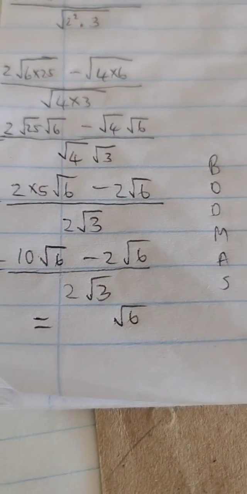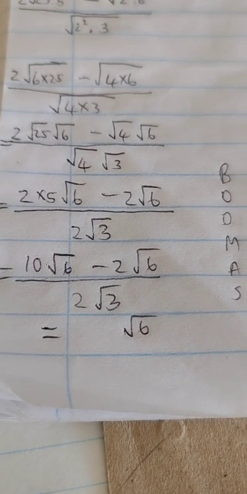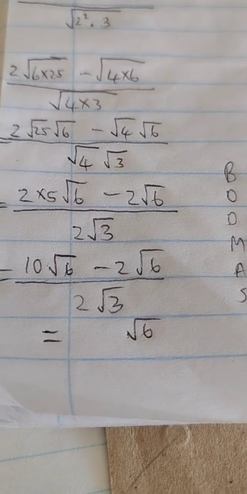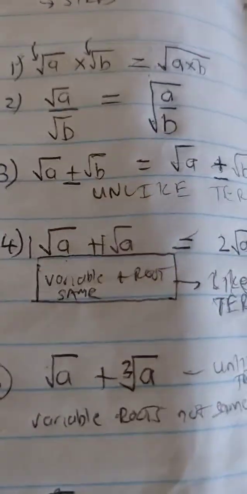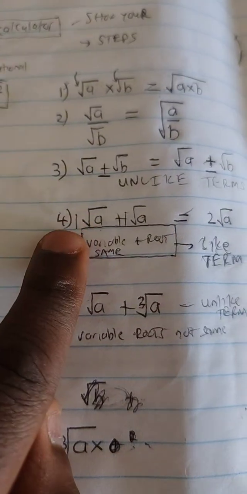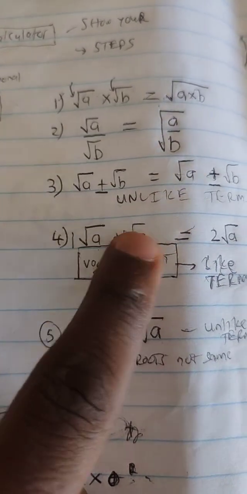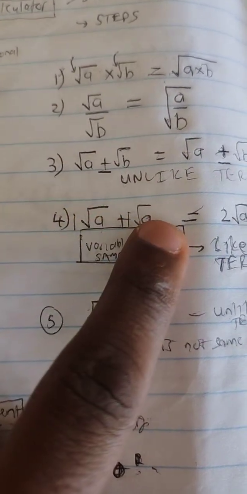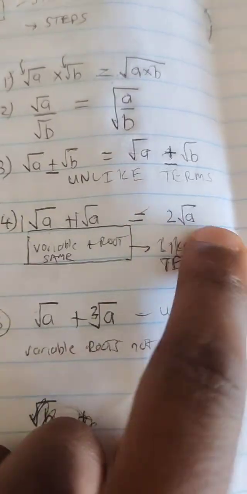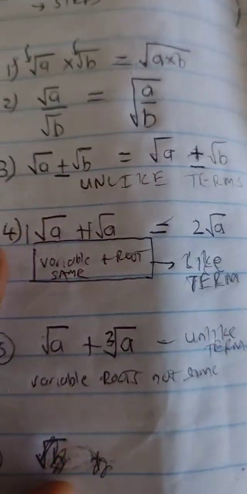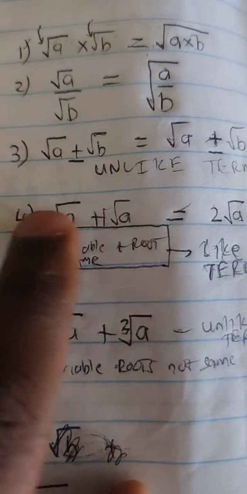So what will be the number before the root there? We are exactly applying this rule: when the roots and what is inside are the same, we keep the root and add the coefficients. So 1 plus 1 is 2. 10 minus 2 is 8.